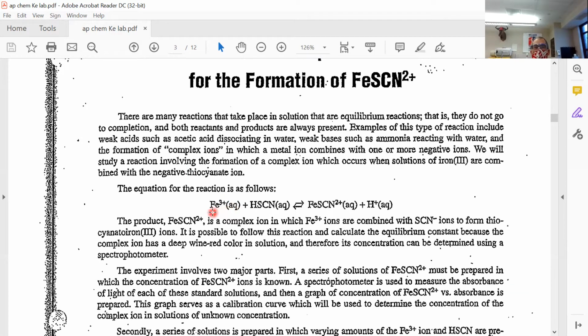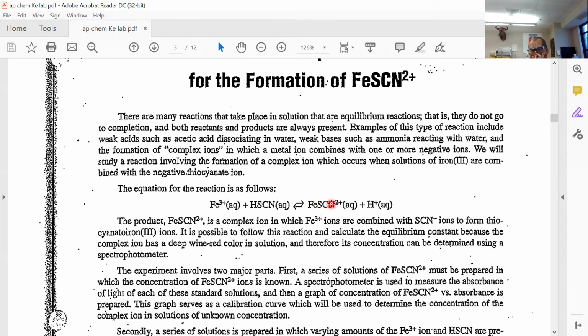The other thing going on in part 1 is we have a much higher concentration of Fe+3 than HSCN. The reason is we want to essentially use up all the HSCN. If we know the concentration of HSCN, we can say that all of it converts to FeSCN+2, so then we'll know the concentration of FeSCN+2.